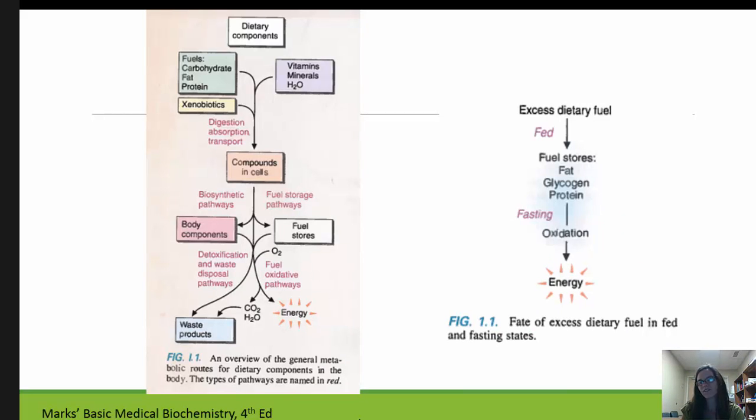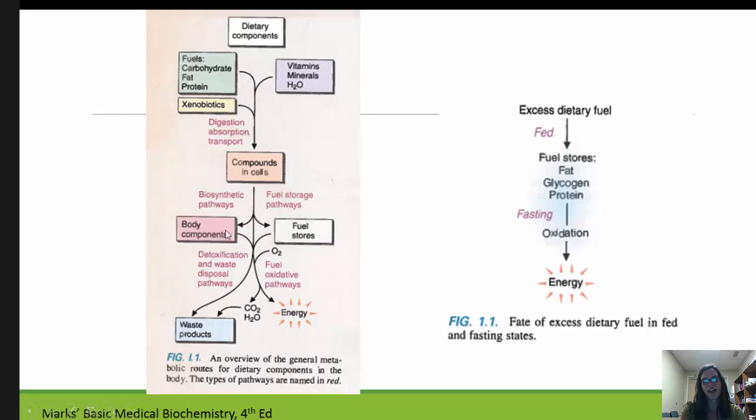This slide gives two figures that show what we're going to learn in macronutrients in a nutshell. So here's the whole process that we're going to talk about for each macronutrient. We have an intake of carbs and fats and proteins. These are digested, absorbed, and transported, and the compounds are incorporated into our cells.